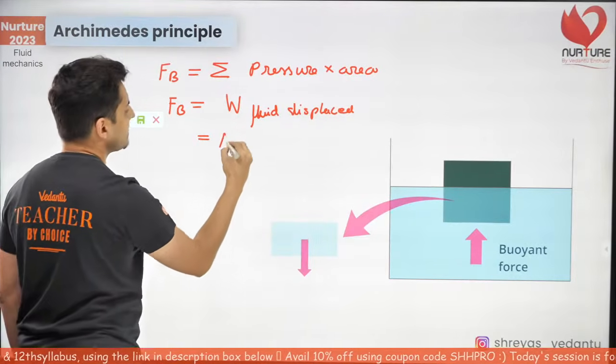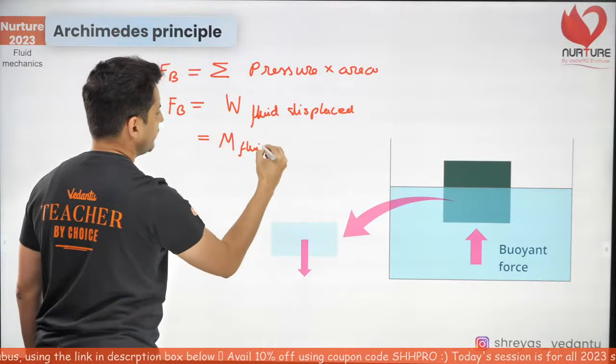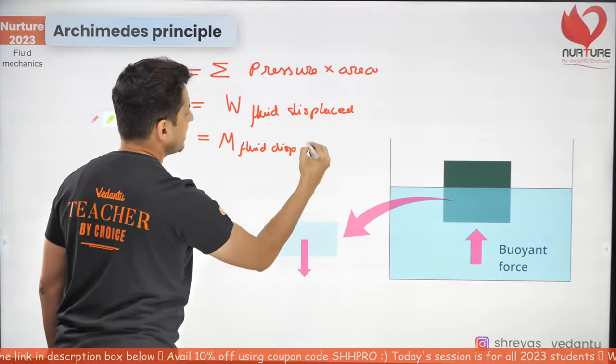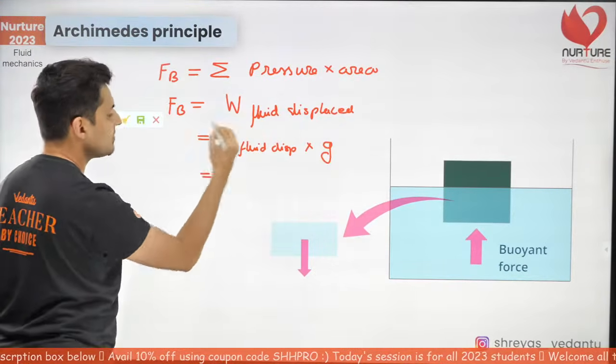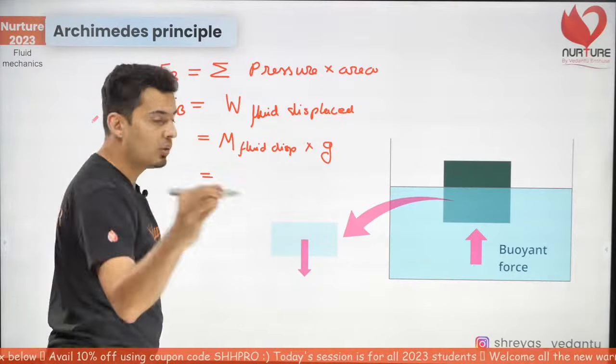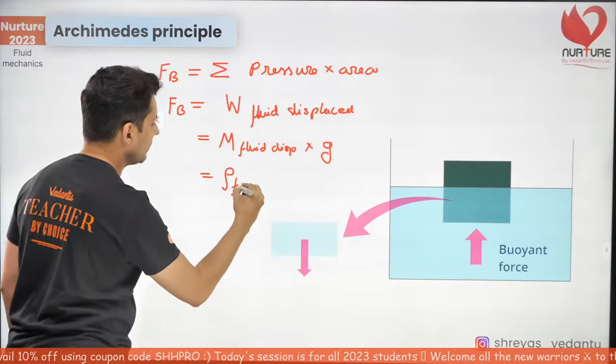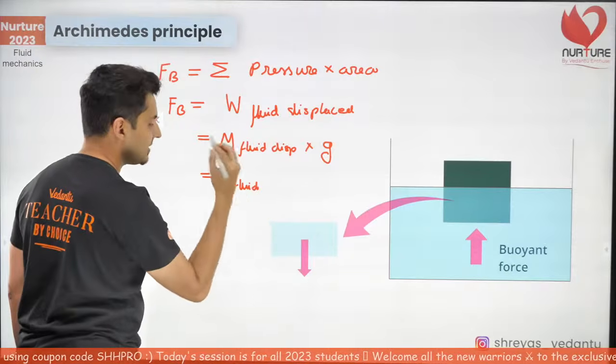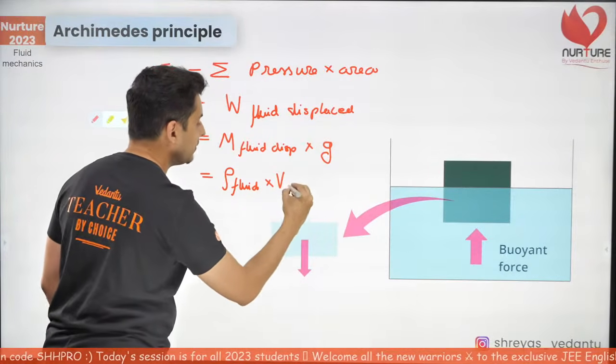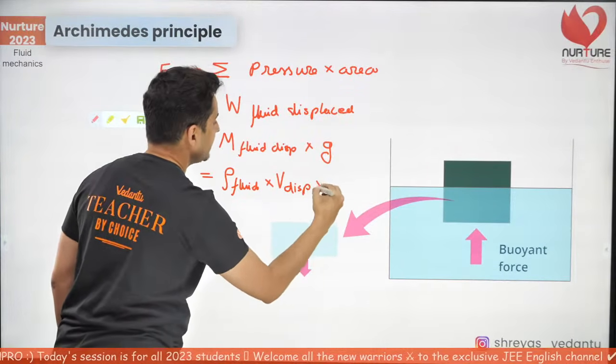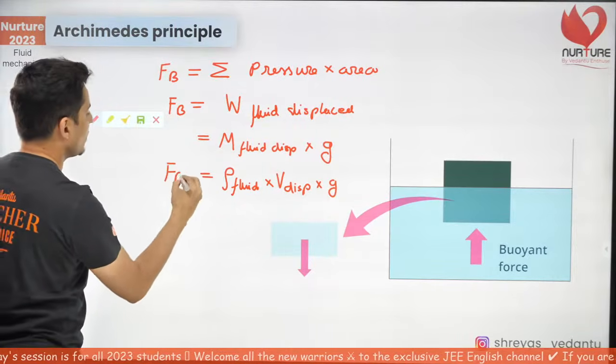And what is weight? Weight is mass into g. What is mass? Mass is density into volume. So it is the density of that fluid which is displaced into the volume which has been displaced into g. So this is your formula.